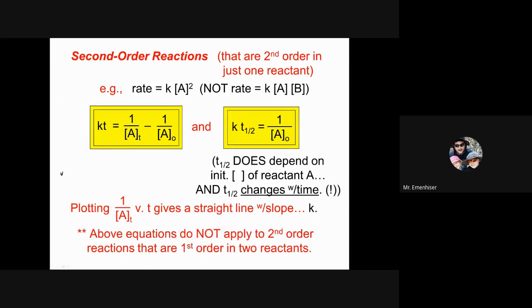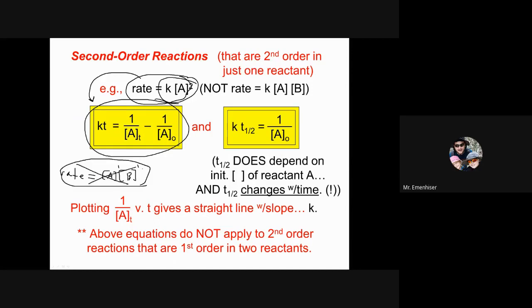If I said that my rate for my reaction was equal to A to the 1 times B to the 1, well, that's not a second order in one reactant. It is an overall second order, yes, but these equations are for when it's like this for 1 reactant. So 1 reactant needs to have that concentration raised to the power of 2, and then you can use a second order integrated rate law. Not when this is the case, so we can't use that. Okay.